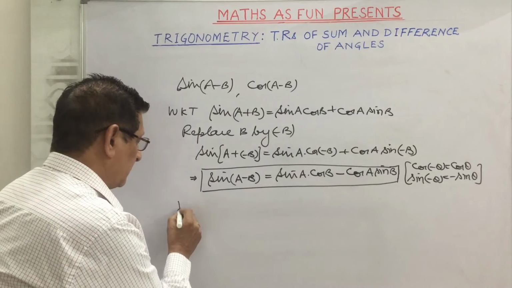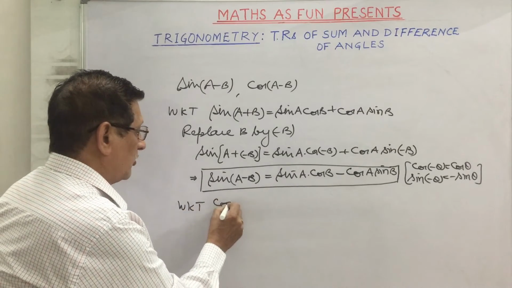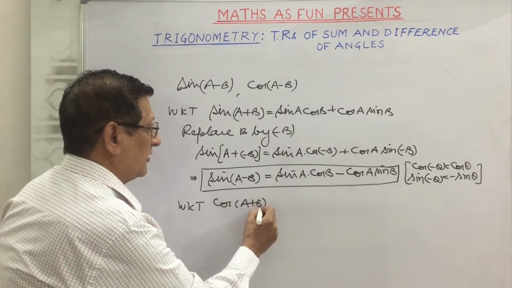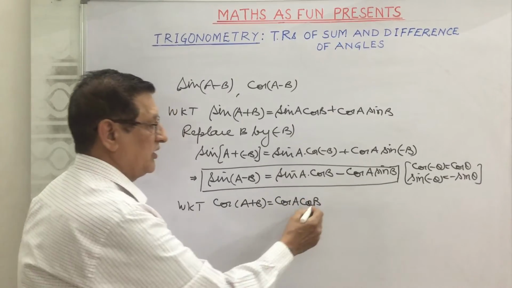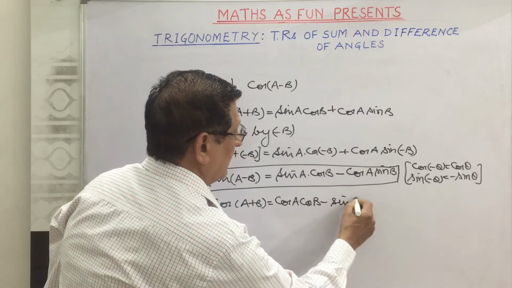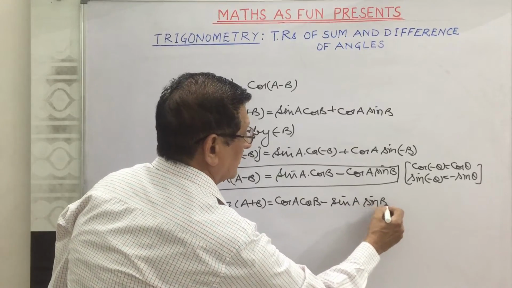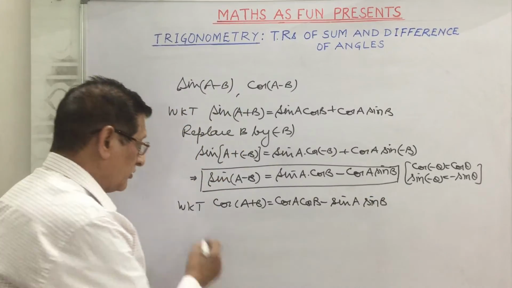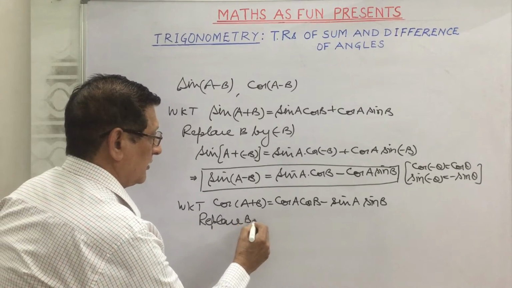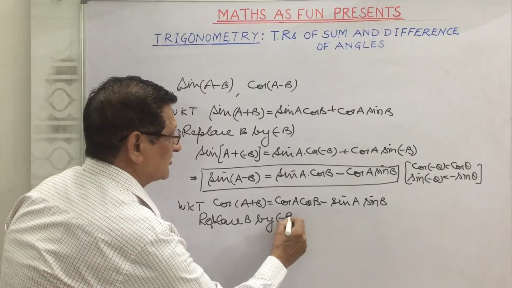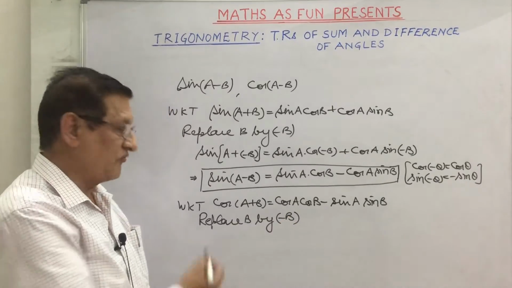If we go for cos A plus B, we know that cos of A plus B is equal to cos A into cos B minus sine A into sine B. And here also if we replace B by minus B, what we find?